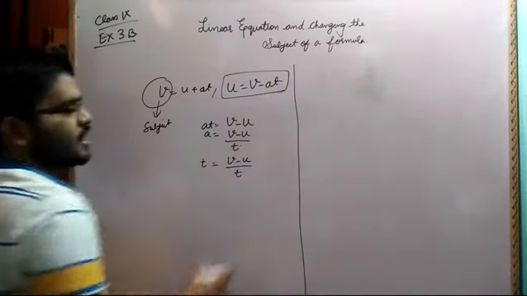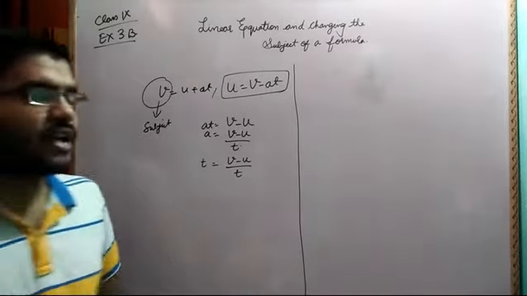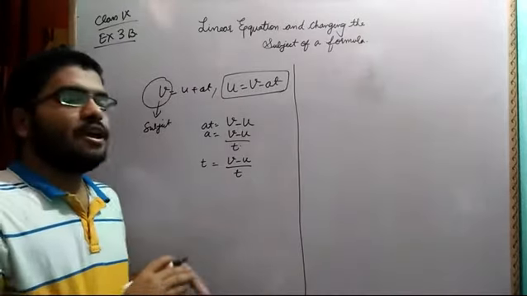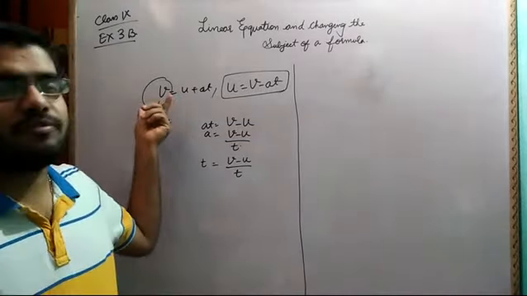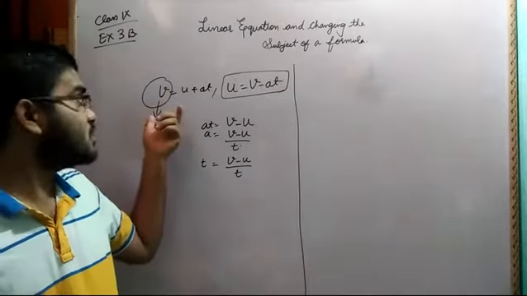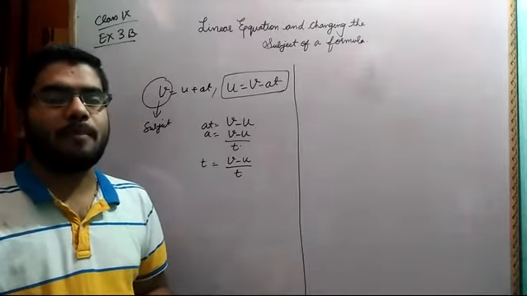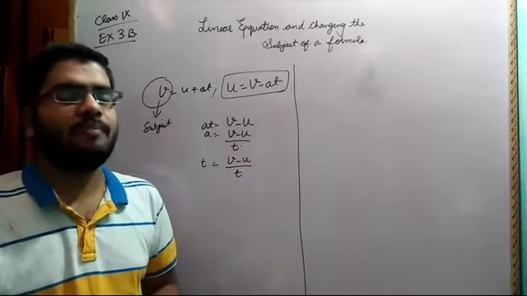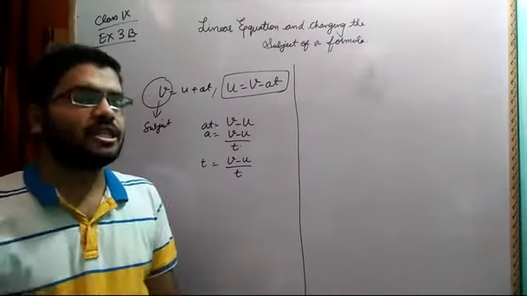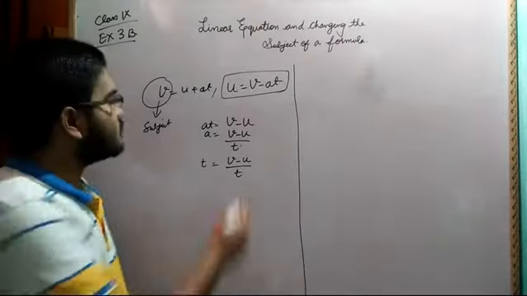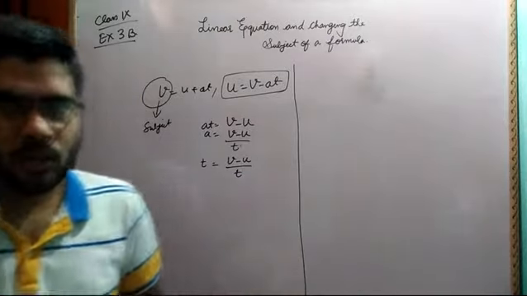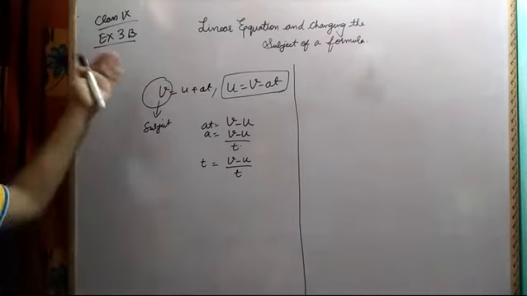So in this way we have to change the subjects and identify the subjects. If the symbols or the constants or the alphabets have some other terms multiplied or divided to them, then we have to simplify this and remove them. This is what we are going to do in this particular exercise B, second part.